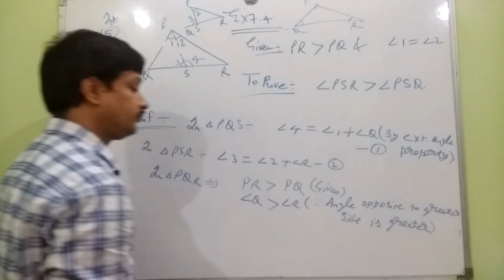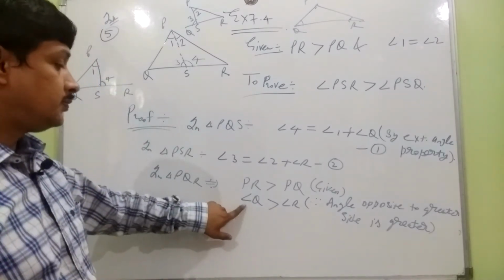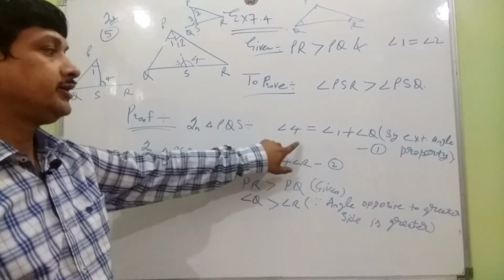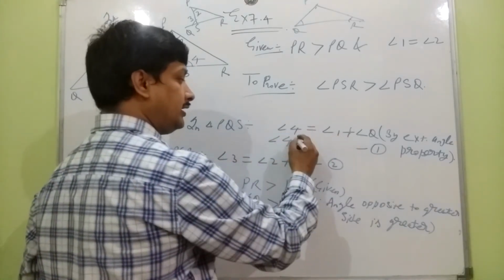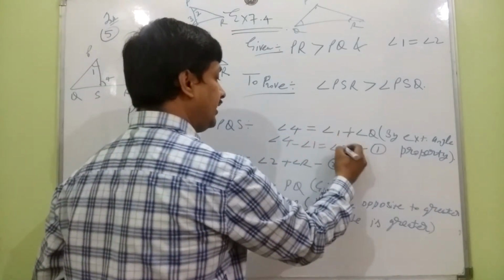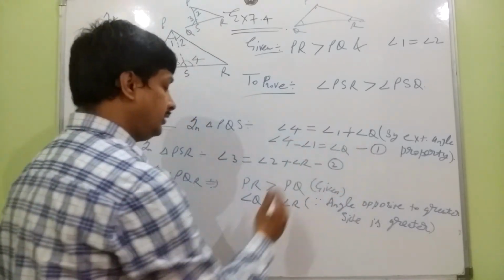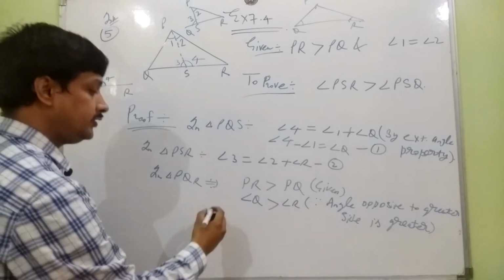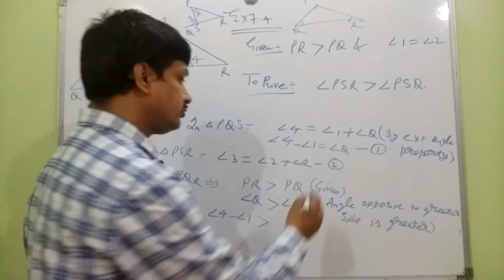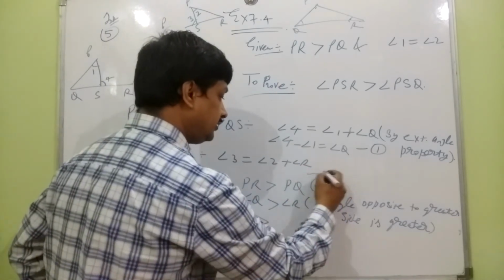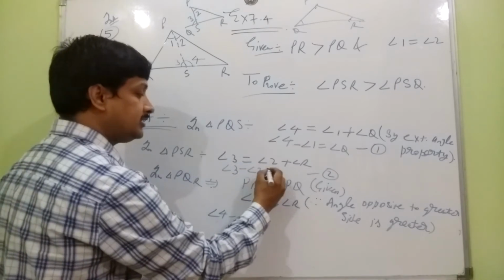This was the theorem. Okay, so now you can just put the value of angle Q using equation 1. We can take angle 1 on the left side and it will give the value of angle Q. So we modify equation 1 and put the value of angle Q, which is angle 4 minus angle 1. For angle R also we can modify equation number 2. Angle 2 will come to this side.